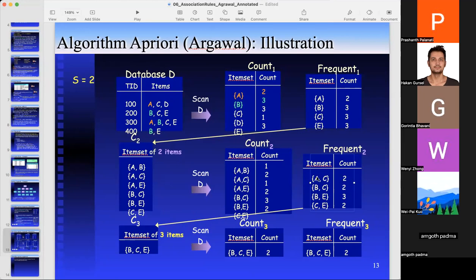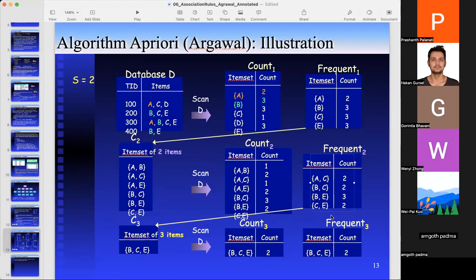So we have the two element sets that are frequent: A and C, B and C, B and E, C and E. There are four of them. Out of those, we take all the possible combinations and generate three element sets. Let's say A with B and C, B with C and E, and so on. Out of all those combinations, the only frequent one is BCE because it happens two times.